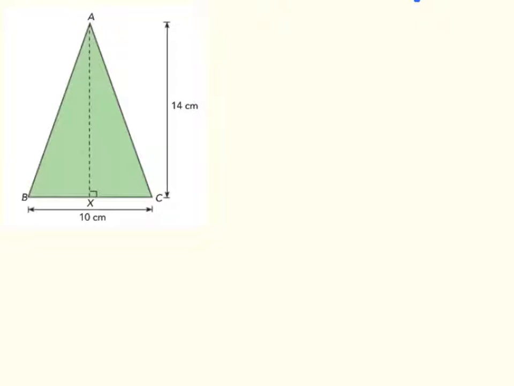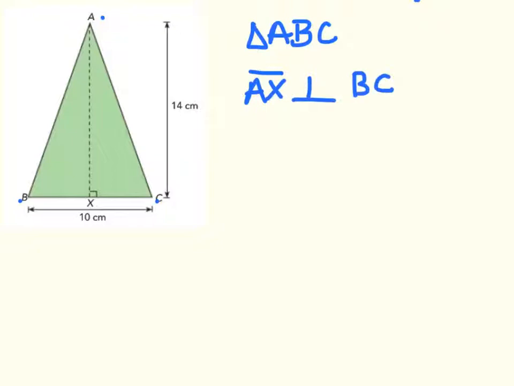In triangle ABC, remember, triangle ABC is how we would describe this figure because the three vertices are A, B, and C. So in triangle ABC, line AX is perpendicular to line BC. Okay.